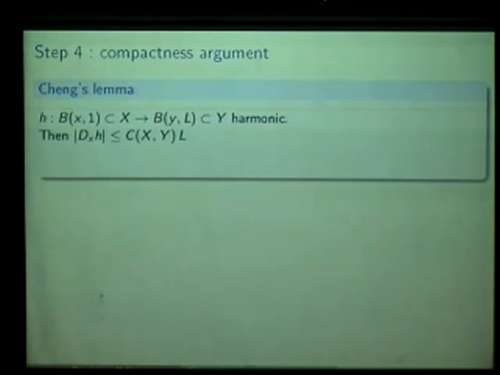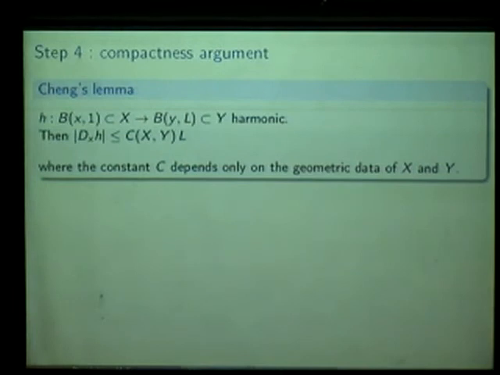Specifically, if it sends a ball to a ball, then you control the norm of the covariant derivative at the center, linearly with the radius of the ball that contains the image. And of course, the constant does not depend on the point. So this Cheng lemma is a clever consequence of the Weitzenböck formula and the maximum principle.